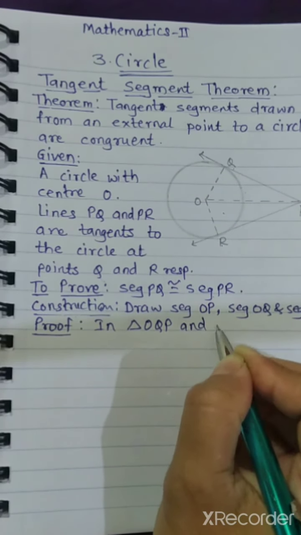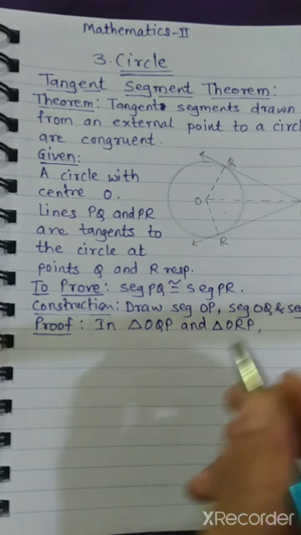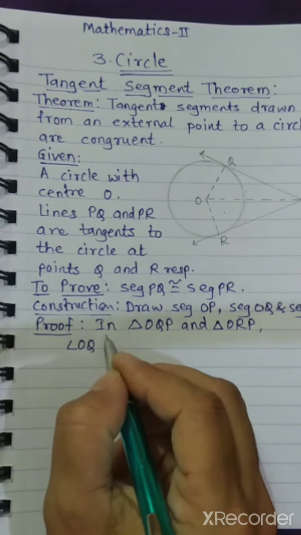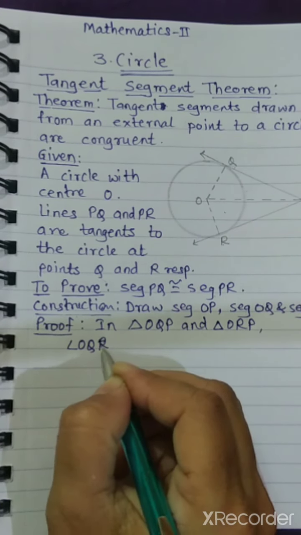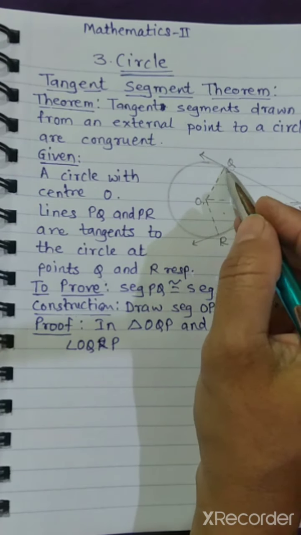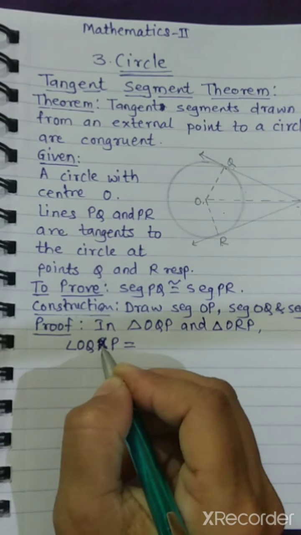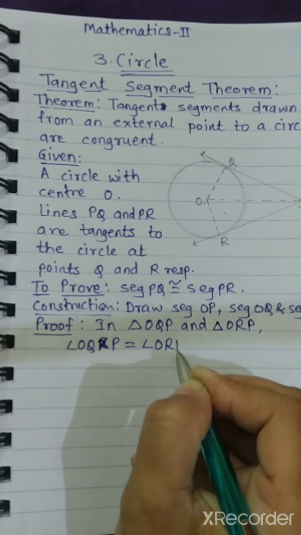In these two triangles we can say angle OQP is congruent to angle ORP.